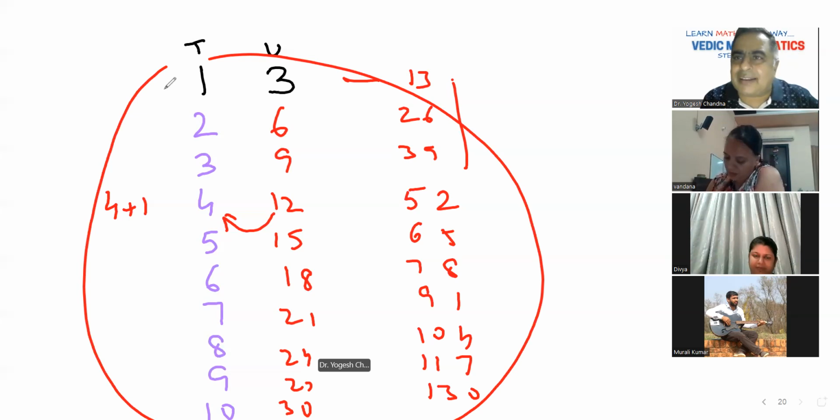As simple as that. You just share it with your children. They'll tell you, their happiness will tell you what this means to them. Because they never thought this way. We never made them think this way. You just add 13, 13, 13, that's all.